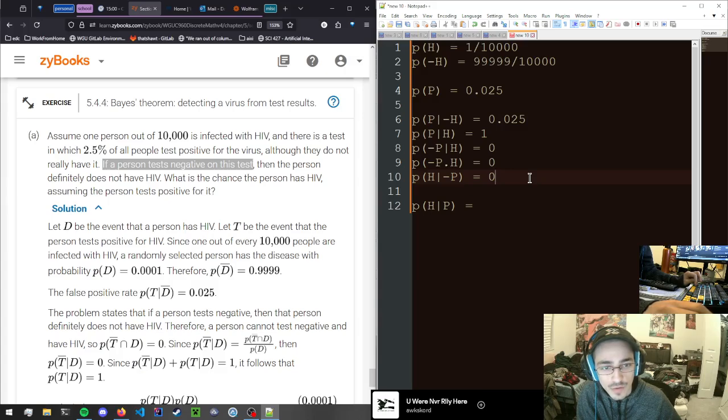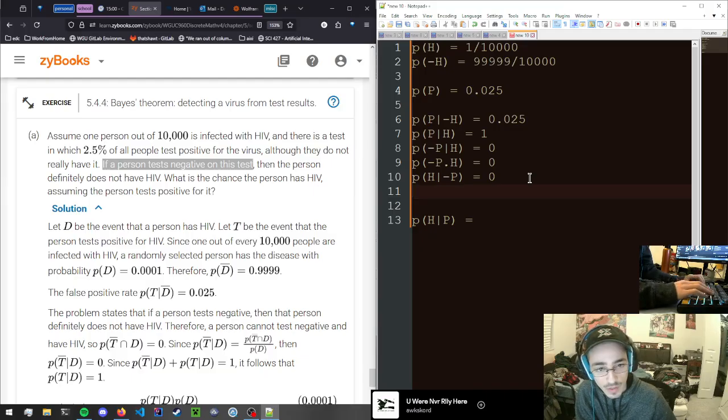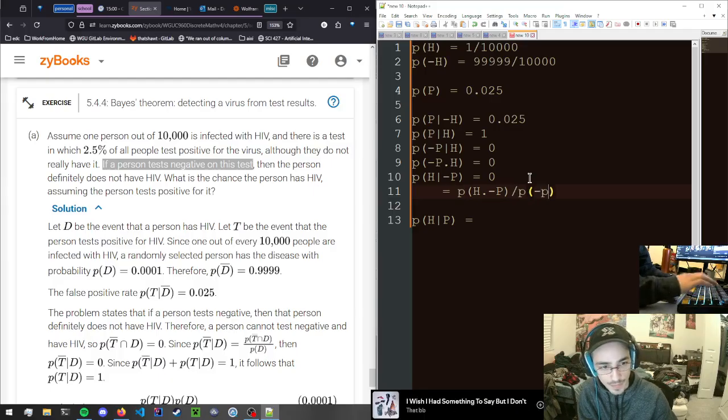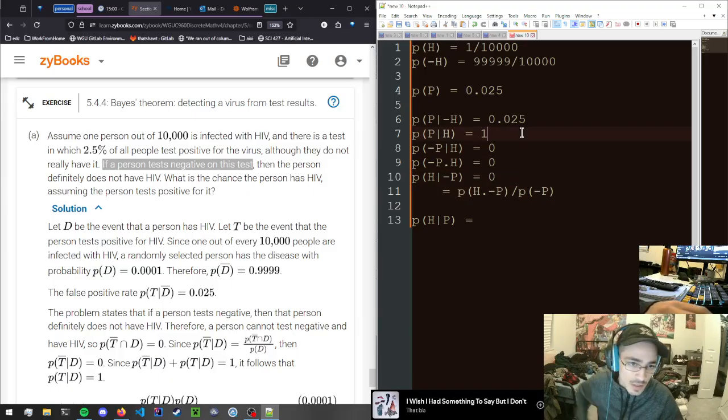I don't really know. Because if I try to expand this, this would equal H and not P divided by the chance of not P. But I don't know this number. I don't know this one and this one, so I just can't solve for that.